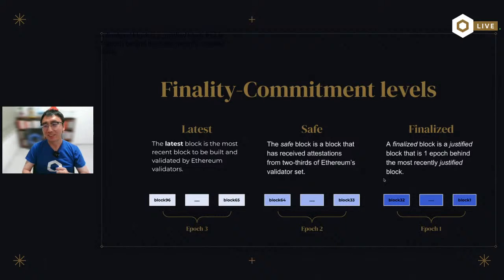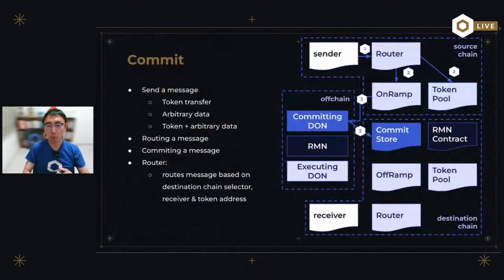Yeah, maybe you all know that we need to wait for the status to be marked as finalized, which means waiting for two epochs until this block is finalized, and then we will do the commit. So when this transaction on the source chain is considered finalized, the committing DON will catch this request from the on-ramp smart contract and relay it to the commit store, in order to move this message from the source chain to the destination chain.